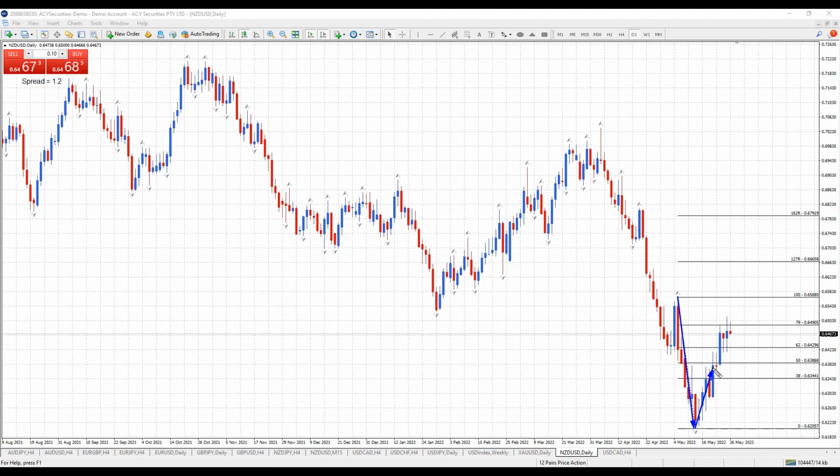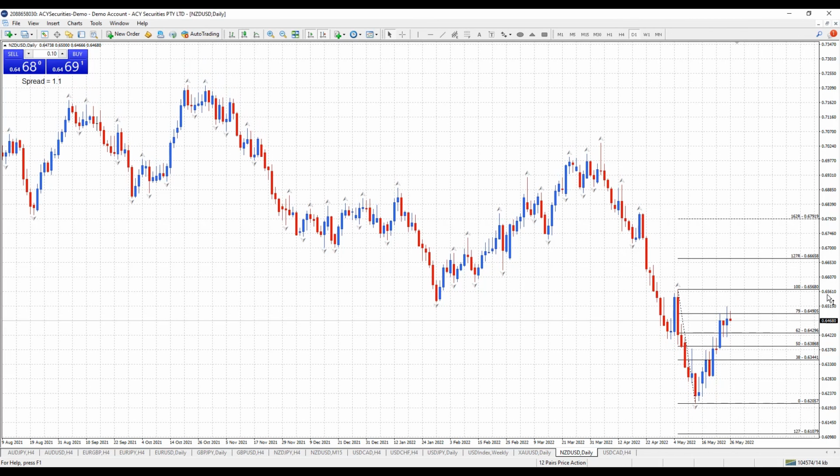It's having a corrective rally back up to the 79% level. So there it's giving you the opportunity to trade and sell, stop above the high, 1 pip plus spread, and then we just adjust the scale there.